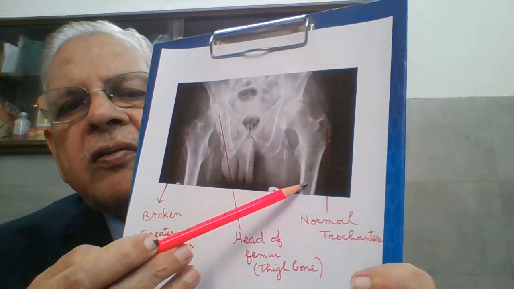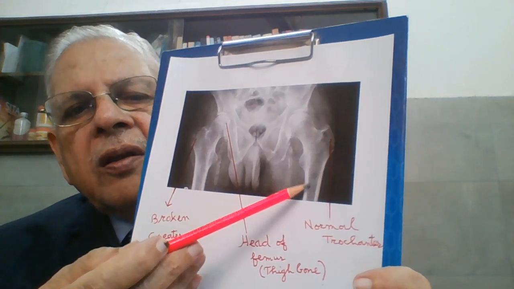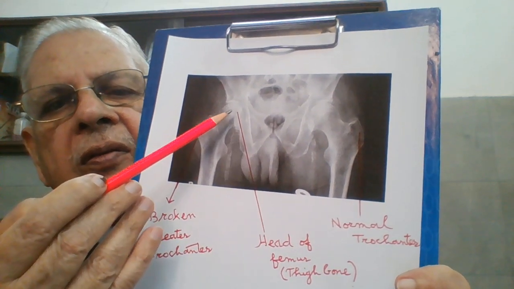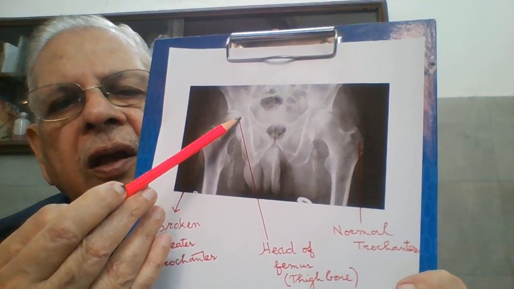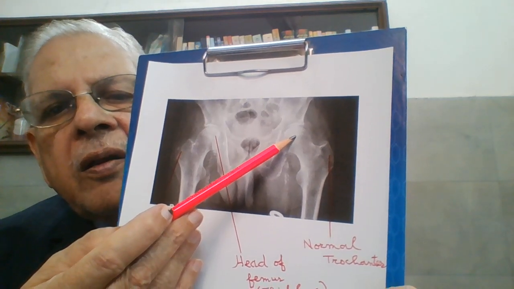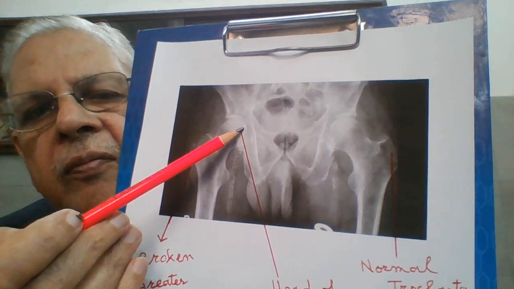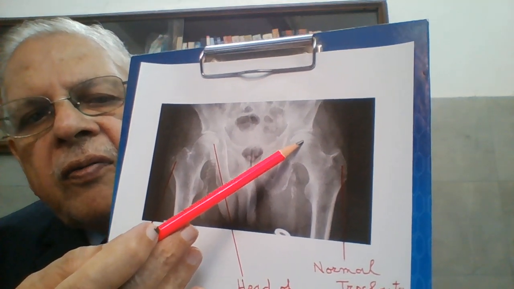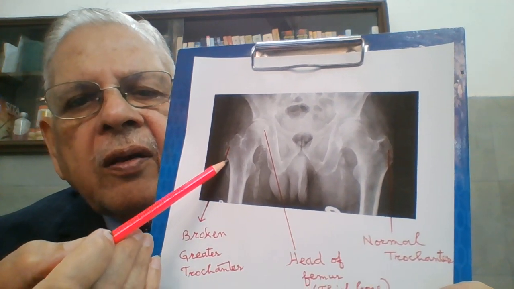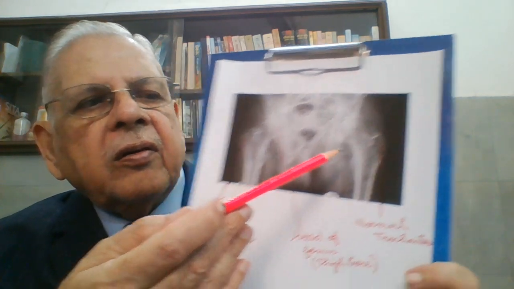This is the shaft of the thigh bone, and this is the head of the thigh bone. Can you make it out? This is the head of the thigh bone, and this is the greater trochanter.